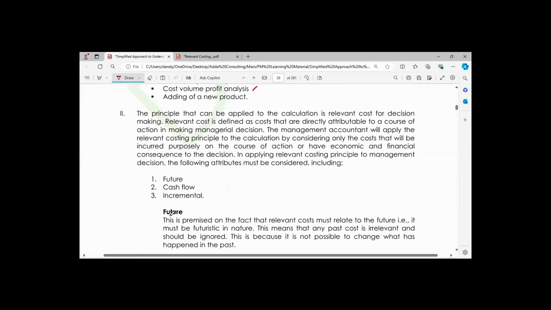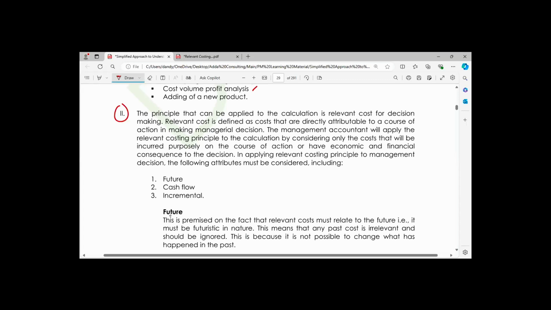So for the second part of this number B, which has to do with the principle, I stated that the principle that can be applied to the calculation above is relevant cost for decision making. Relevant cost is defined as costs that are directly attributable to a course of action in making managerial decision.